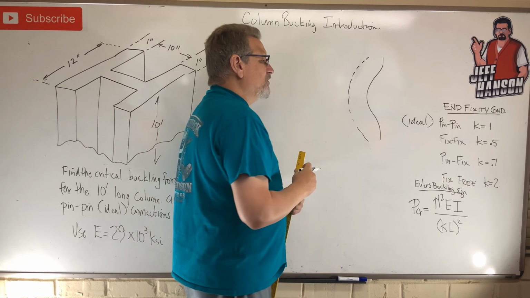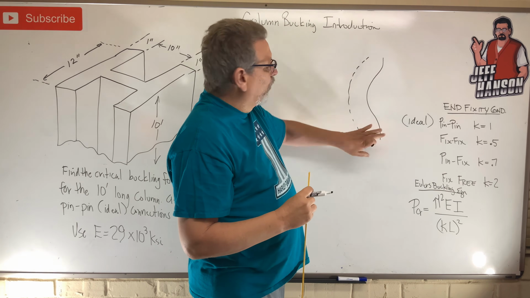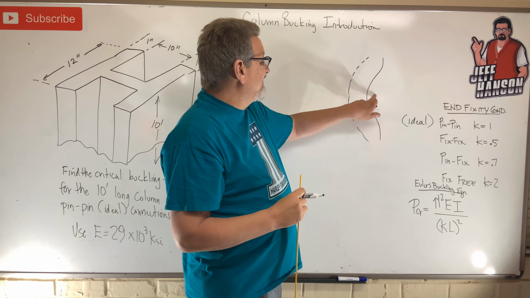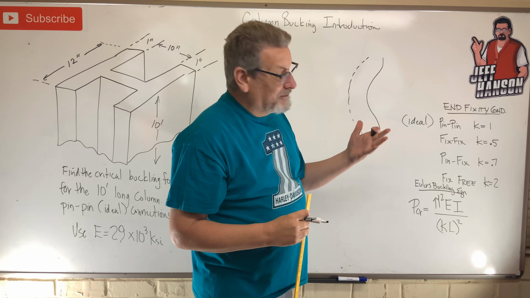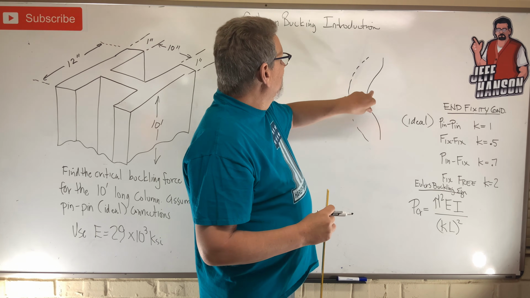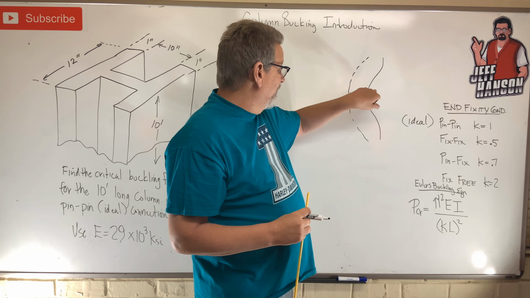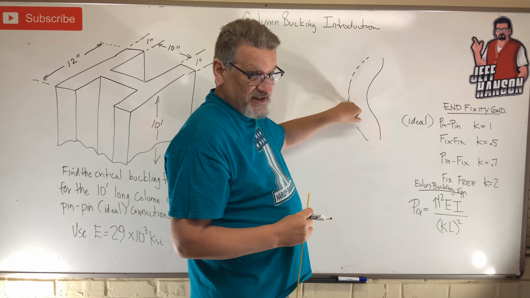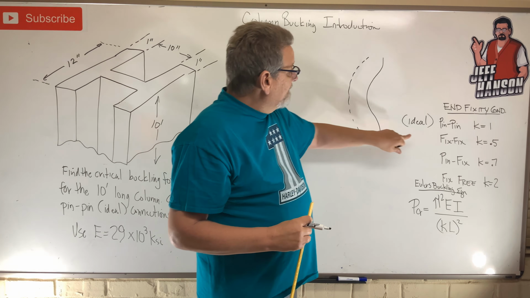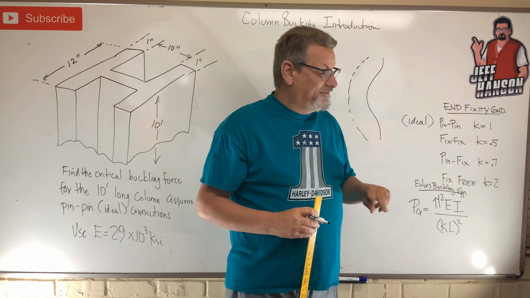It still buckles, but the ends won't. You can do it with your hand. I've got a dent in my hand. Thank you very much. It takes a considerable amount of force to buckle it with this end condition versus that one, okay? So the K value goes to 0.5 on that one.